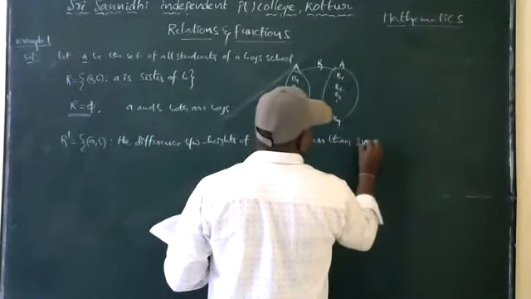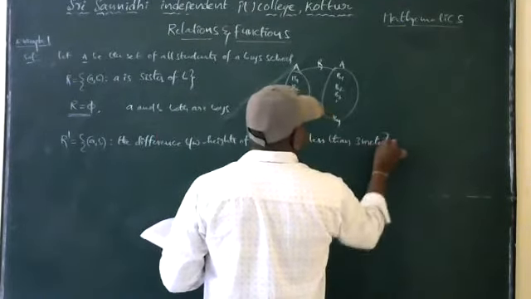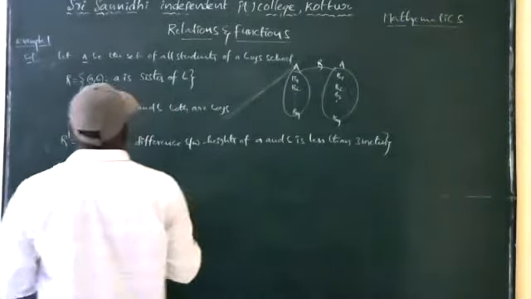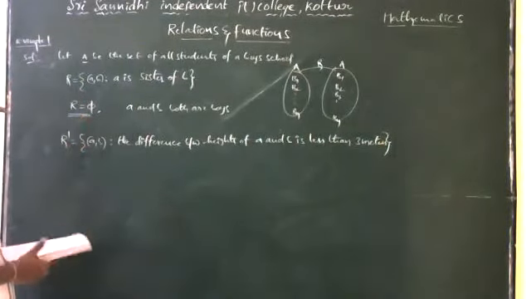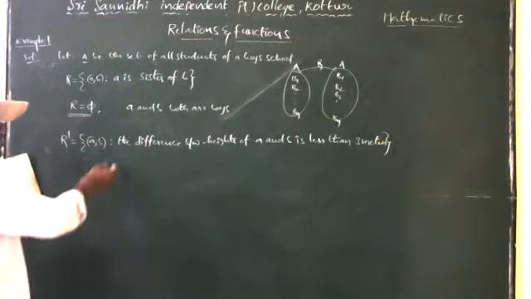It represents the example of a universal relation. The earlier one is an example of an empty relation, and this is the example of a universal relation.